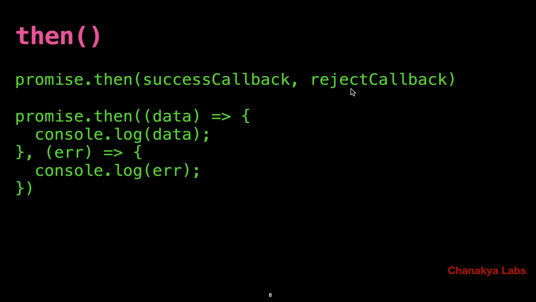But this reject callback is only handling this promise's rejection. In the next .then you have to again pass another success callback and reject callback that will handle that promise's success and error. But if you have a final .catch, then that is going to be responsible for everything. So that is a pretty good way of handling that.